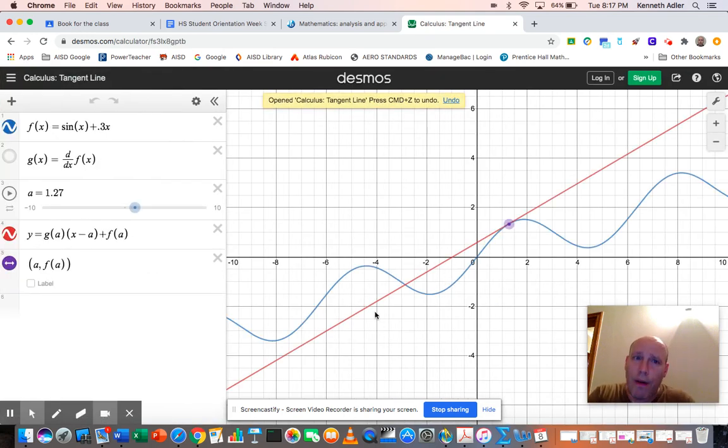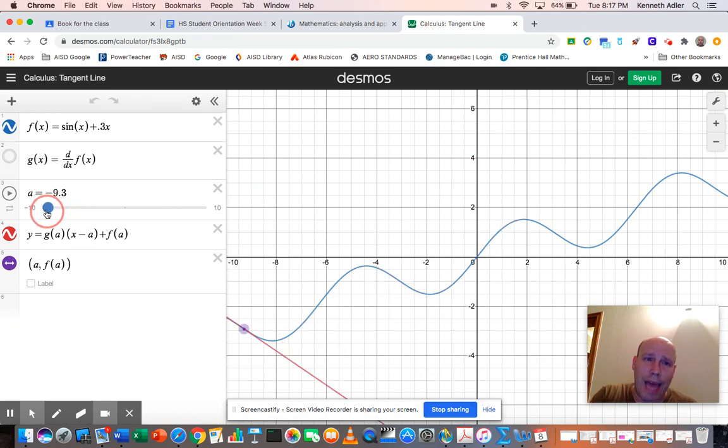From the first day, they gave us an example of a sine wave. The g of x is the derivative of f, so that's going to be the slope of the tangent line. They give us a slider, a, which is like the x values. As we move from negative 10 to positive 10, the tangent line moves along the sine wave. Then they create the tangent line using a point-slope formula.